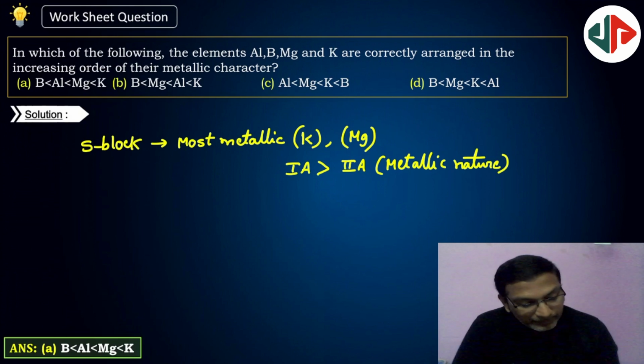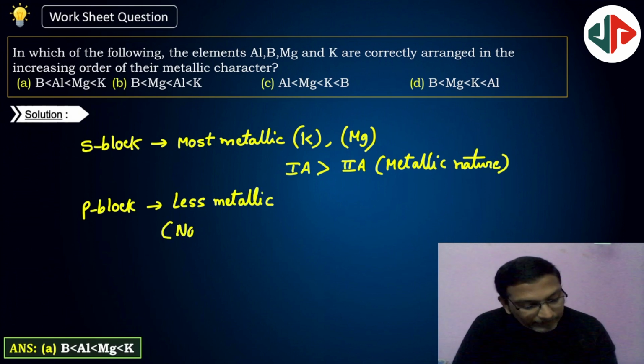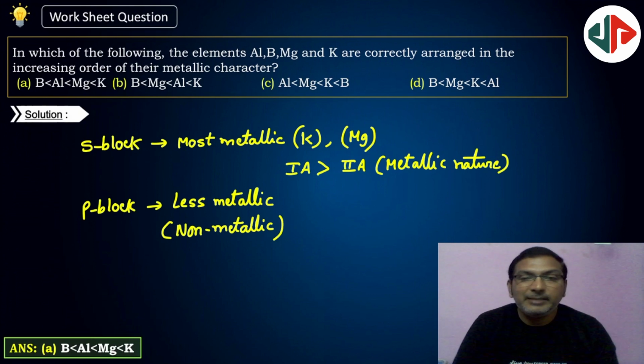Next, after that, p block. Less metallic. That means most of the elements in the p block are non-metallic. The p block contains metals, non-metals, and semi-metals that are both metallic and non-metallic.